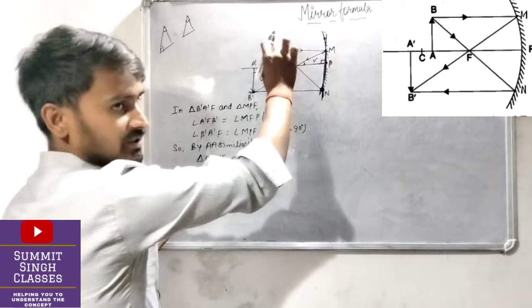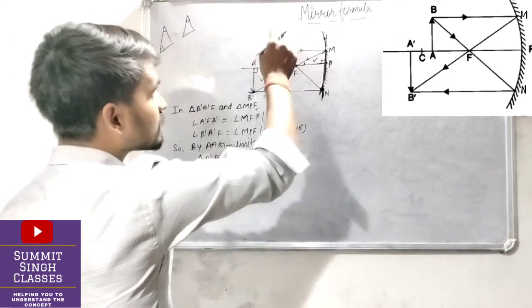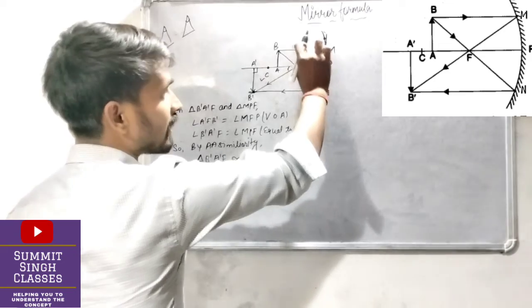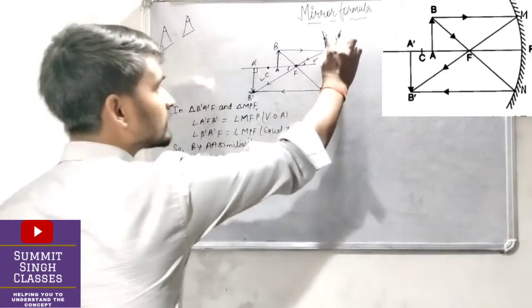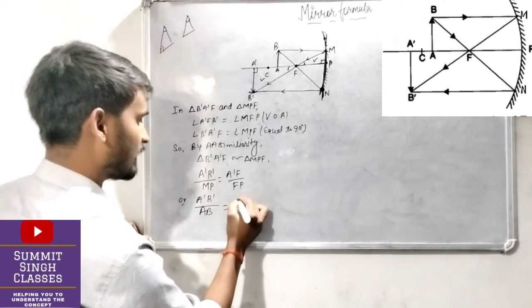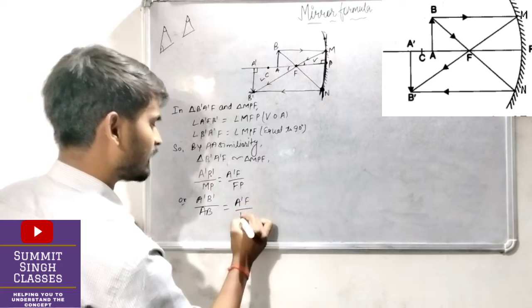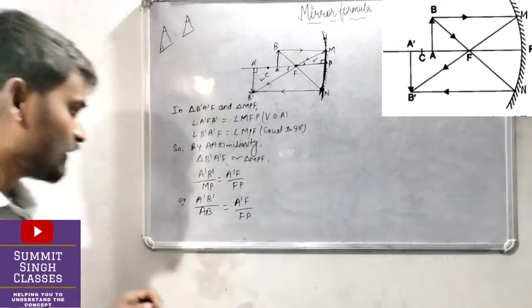You can understand that MP is equal to AB because these two lines are parallel and the height remains the same everywhere. That's why we can write AB in place of MP. That means we can write A'B' by AB equals A'F by FP. Do you all understand it?